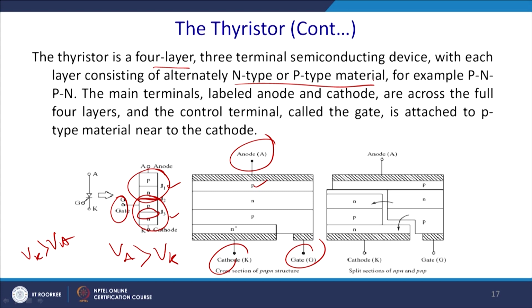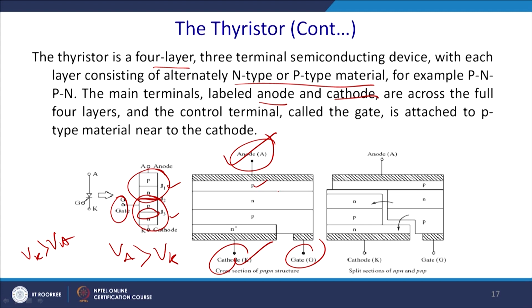The main terminals are labeled anode and cathode across the full 4 layers, and the control terminal is called the gate, which is attached to the P type layer near the cathode. So, this is the configuration of it.